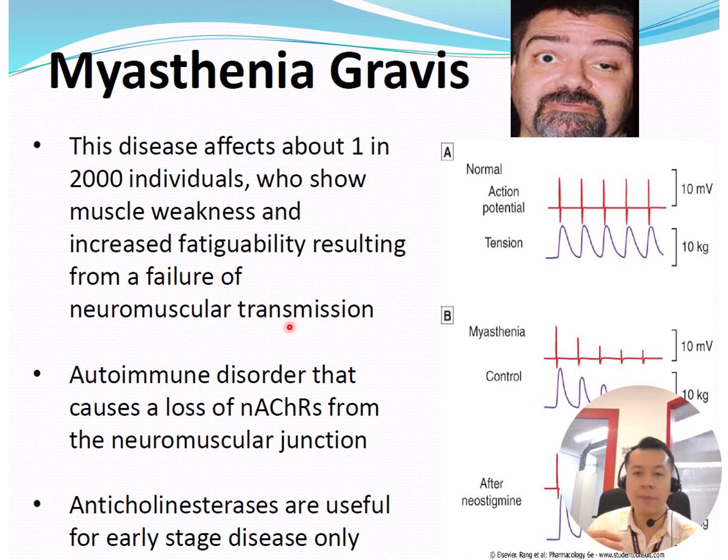They give a better chance for binding to the remaining receptors, making them quite useful at the early stage of this disease. Because the nicotinic receptors are already destroyed, we hope that with more ACh, it has higher chances to bind to the receptors.